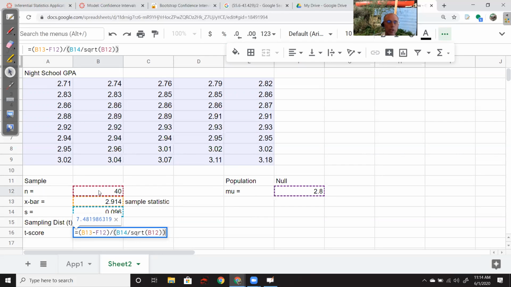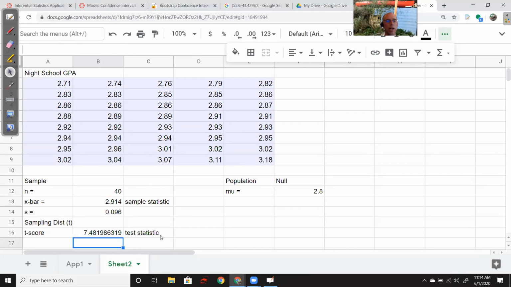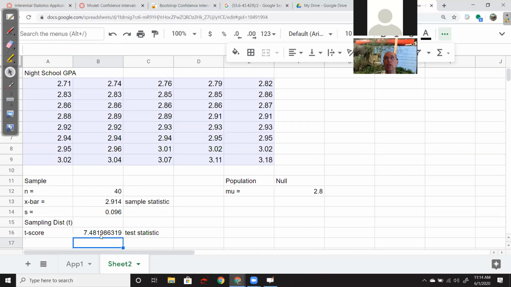Google is better at guessing at your parentheses; if you don't put them in the right spot, Excel just flips out on you and says error. So make sure you end stuff in the right spot. I think that's good. I get 7.48 for the t-score. Whoa, that's huge. Think about z-scores: a z-score of 3 is pretty big. So that's gigantic. Wow, make a note.